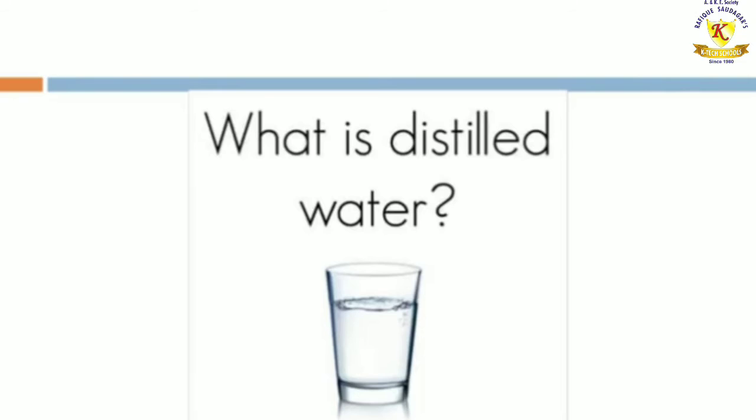And when these vapors get condensed and convert again into water, that water is called distilled water. Have you understood what is distilled water? When we boil the water, it gets converted into vapors, and this vapor gets condensed again to form water. So this water is called distilled water.